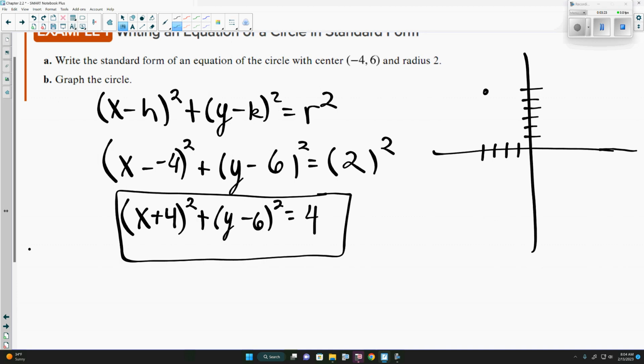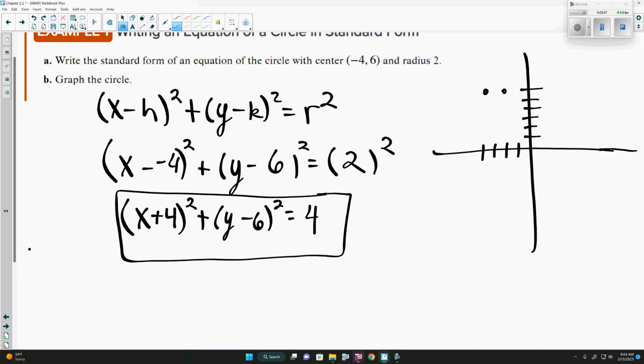You'll click it, find the center first. The next thing is to find the radius. Having a radius of 2 is nice, because all that means is I need to pick a direction, up, down, left, right, and go over 2 spots and make a point. For the program, that's all you'll need to do, because it will generate the circle for you, and you're done.